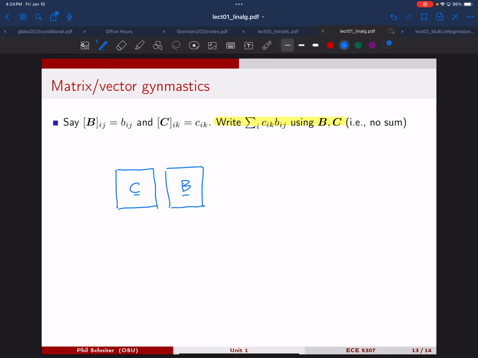So let's go one step further and write down, using some arrows, what variables are along which dimensions. In this case, i would be coming down this way for C, k would be going across the columns. For B, we would have i coming down this way, and j across the columns. And right away you see that there's a problem in terms of expressing this as a matrix multiplication because we have a mismatch in the indices.